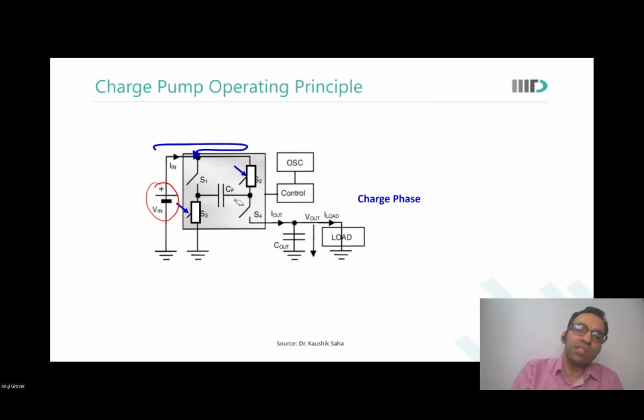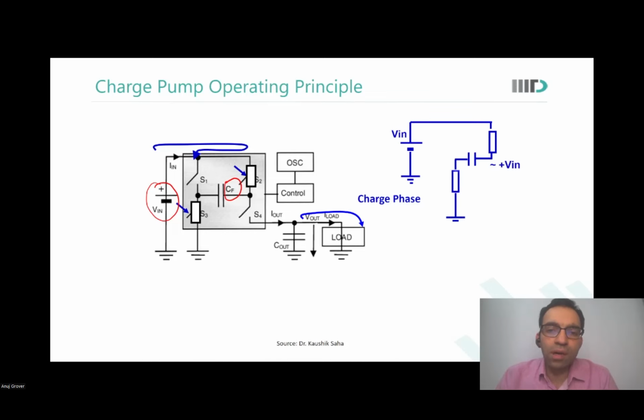So capacitor CF is holding some charge. Some voltage would appear. What voltage? That would be equivalent to Vn, or a little drop around it, but finally stabilizing at Vn. Okay? Then we move to the next step, which is about charging the C out.